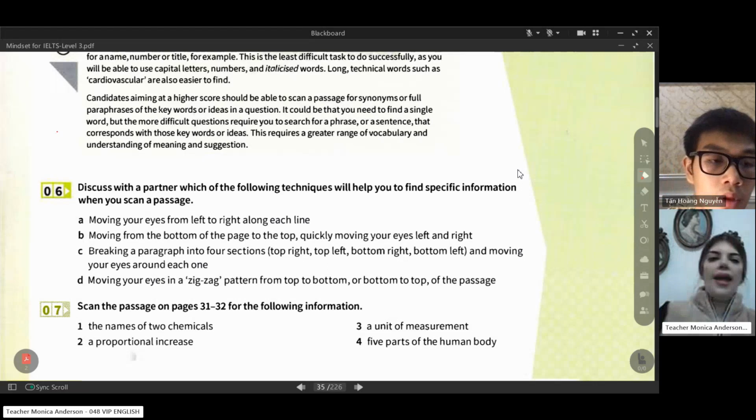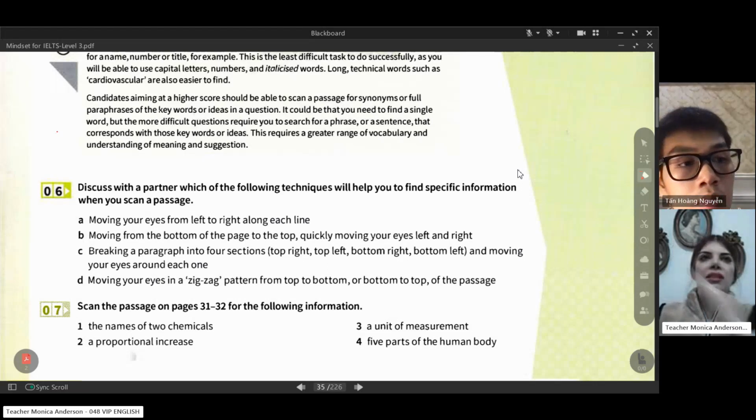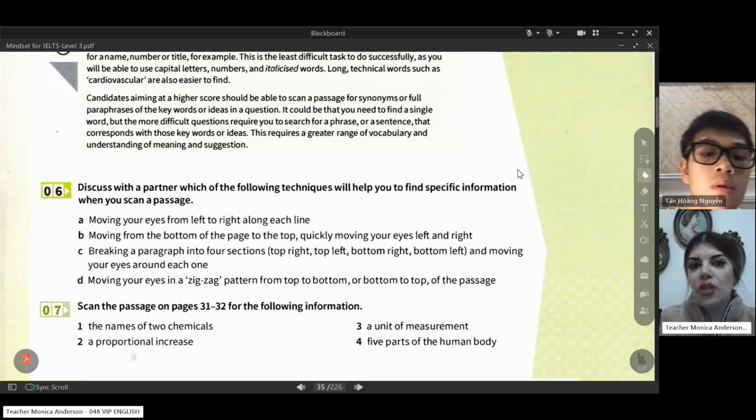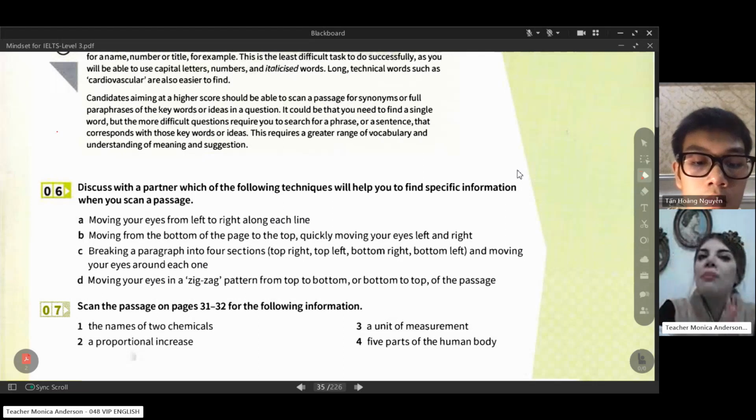Sometimes you move your eyes in a zigzag pattern like this to find the keywords. But let me say something. If you ask me, to me, just read it from top to bottom and try to find keywords. All these techniques can be helpful, depending on you.